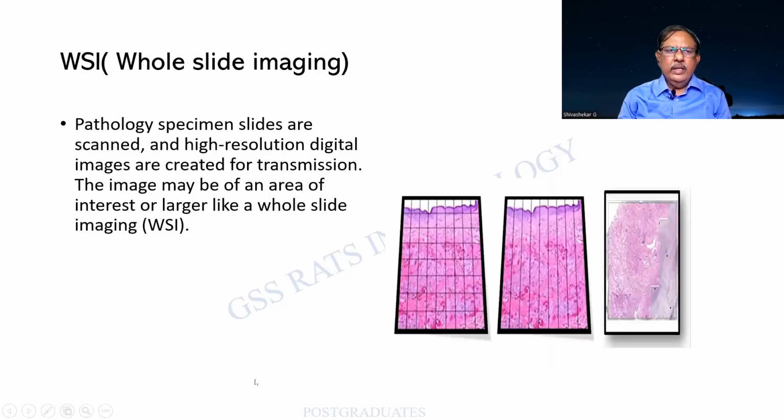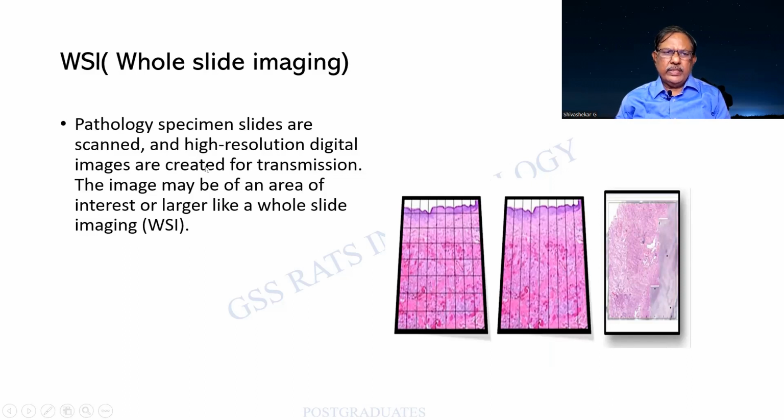The next comes the whole slide imaging. Whole slide is, this is a section over here, and it is being divided into multiple components, and the entire slide is being focused and picturized. Finally, you can choose what picture you people can like.